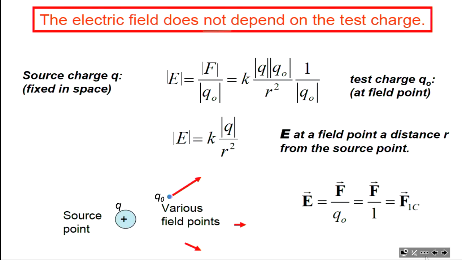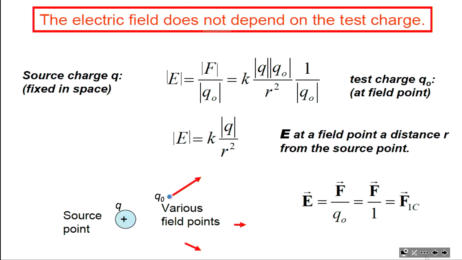But this electric field has to be generated by other charges, and those charges we call source charges. Sometimes we know, sometimes we don't know anything about the source charges. It doesn't matter. So this is how we calculate electric field strength if only one source charge exists and creates it.